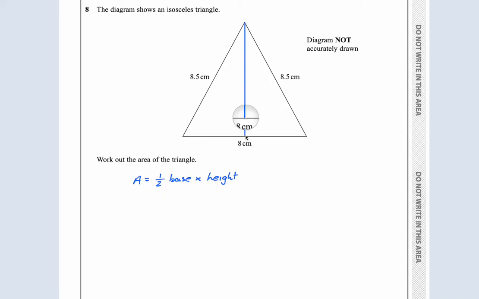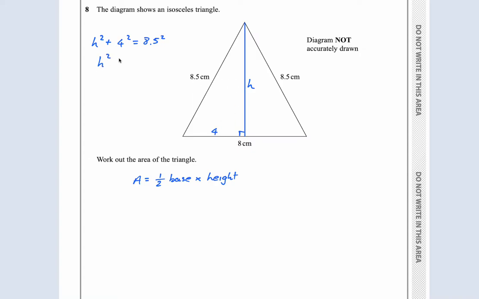How do I find the height? Well, this is why this is a somewhat tricky question. You have to recognize that this is a right angle triangle and this length is 4. So you can actually find the height using Pythagoras' theorem. H squared plus 4 squared equals 8.5 squared. This squared plus this squared equals this squared.